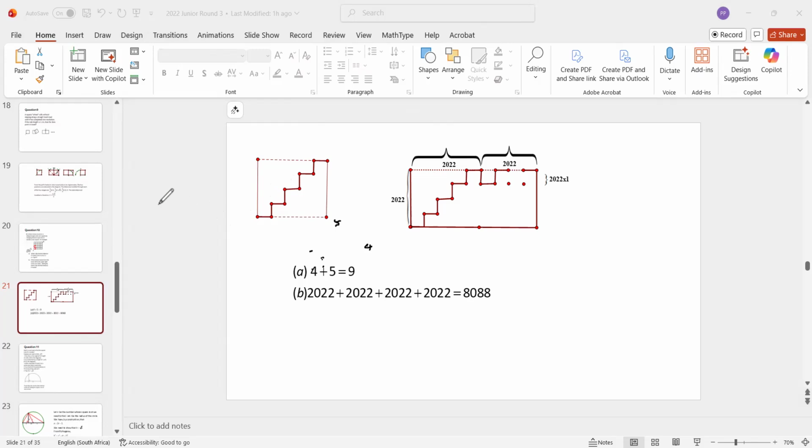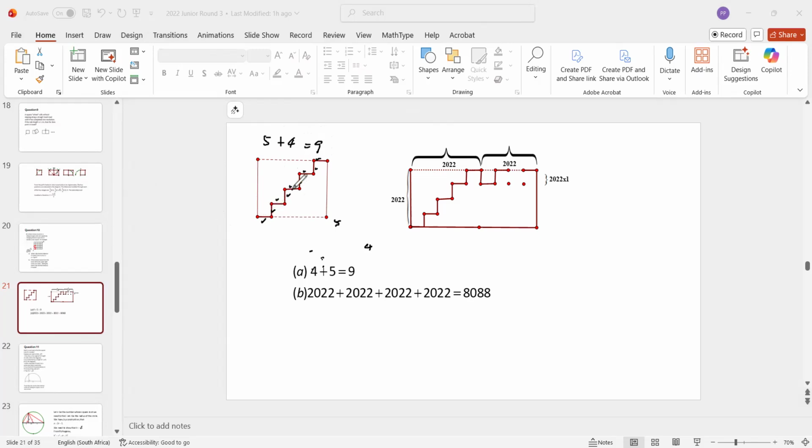So what is the distance that it travels altogether? It's 1, 2, 3, 4, 5, 6, 7, 8, 9. It's actually 5 horizontal plus 4 vertical. That gives you 9.